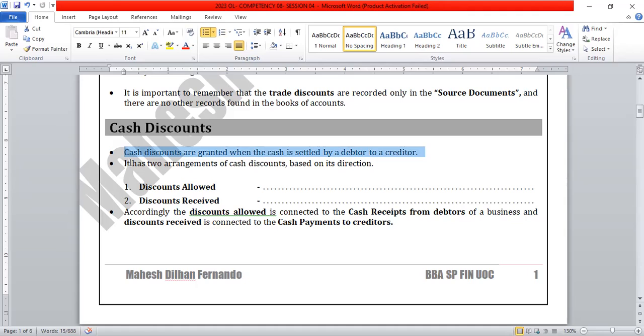Good. Now, there are two arrangements of cash discounts based on direction. First one, discounts allowed.